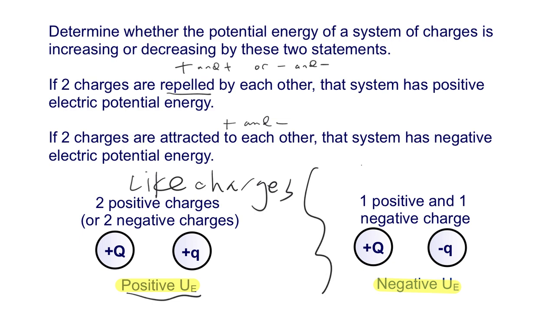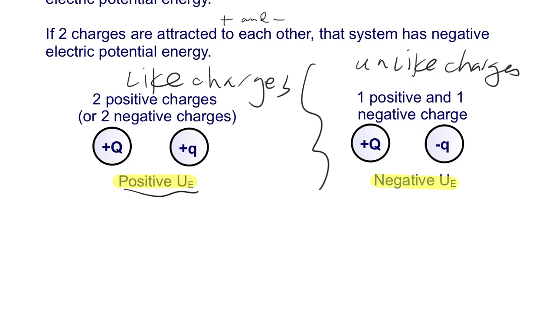But if you have unlike charges, you're talking about negative potential energy. Basically, again, that's because you keep the signs on the charges when you're solving for electrical potential energy.